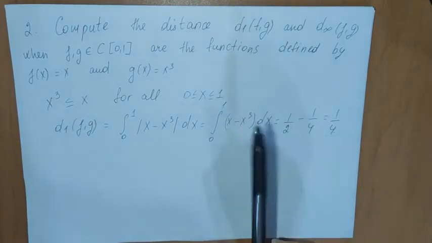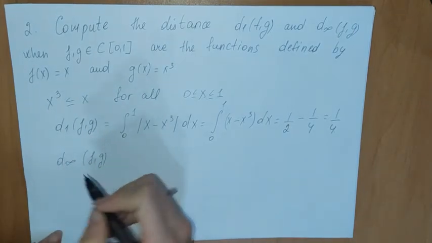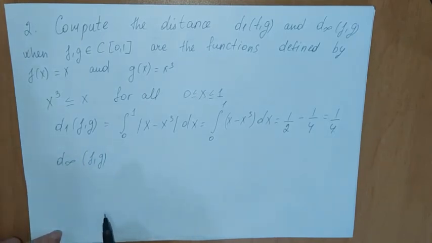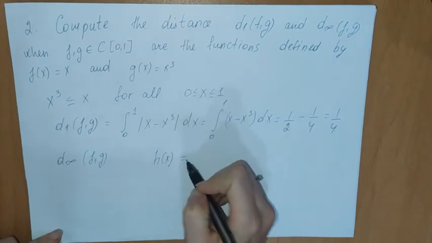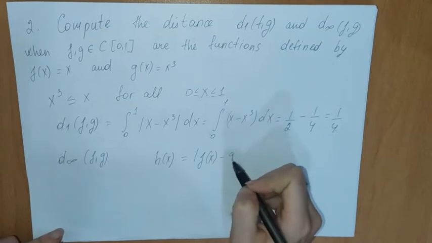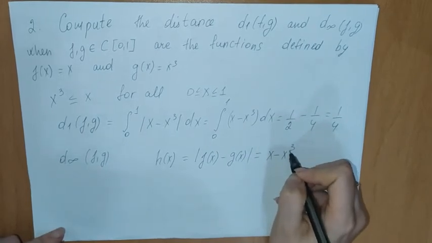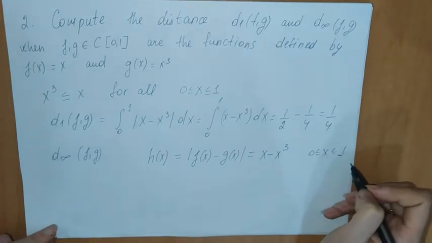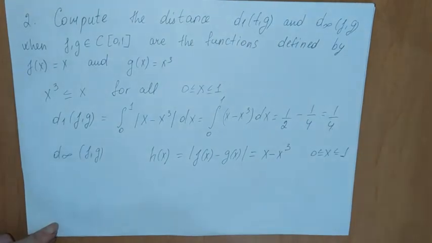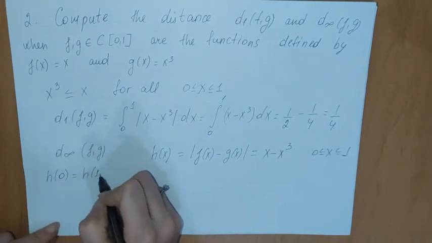What about the distance d infinity? To compute the distance d infinity(f,g), we need to compute the maximum value of h(x) equal to the modulus of f(x) minus g(x), that is x minus x cubed, for all x between 0 and 1. Let's plug in: h(0) is equal to h(1).